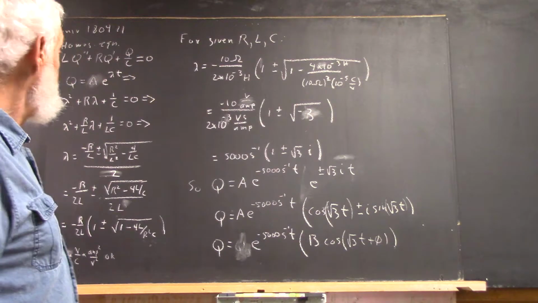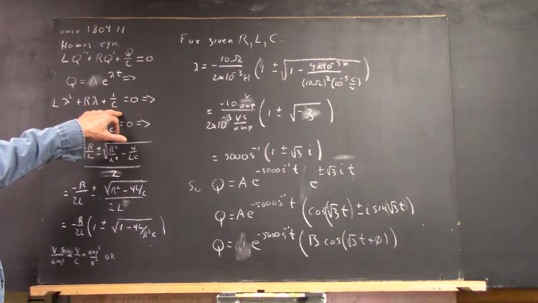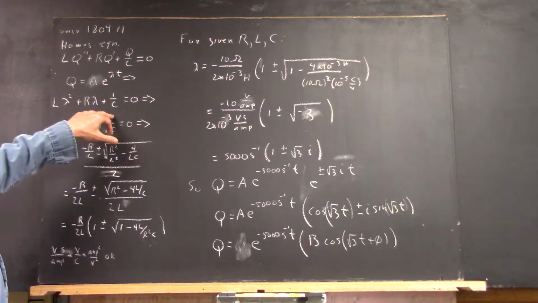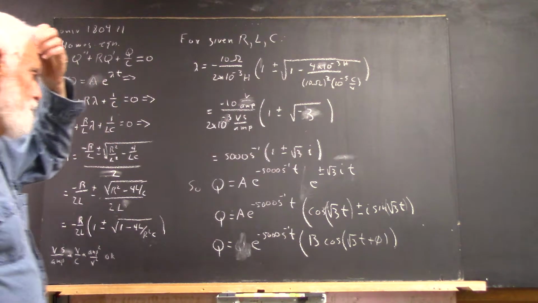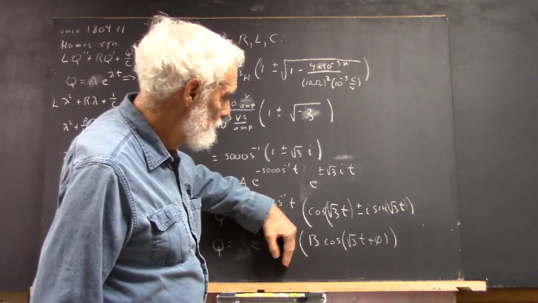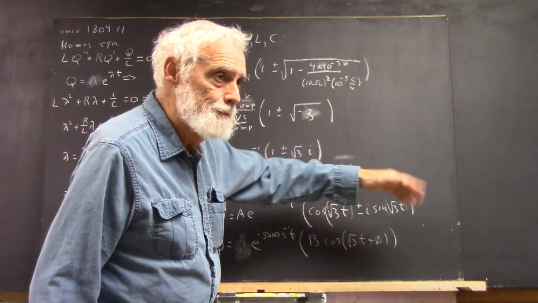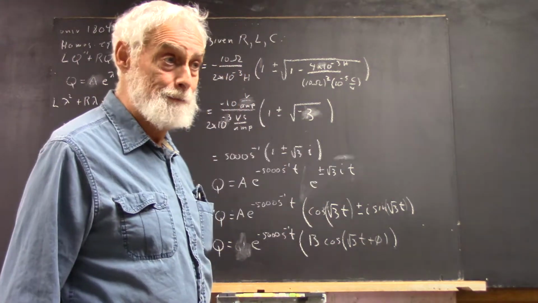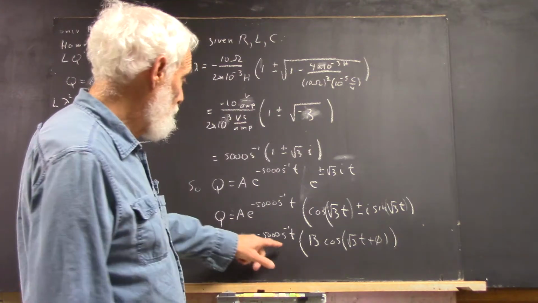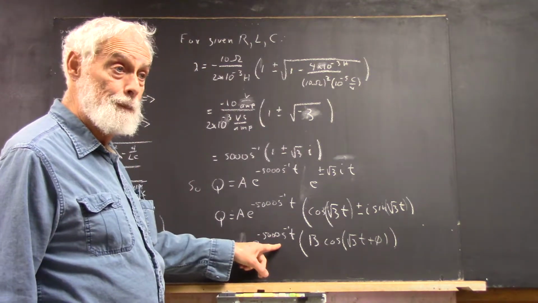If you have no resistance, you end up with this equation, which gives you just a pure cosine function, and you don't have the exponential decline.